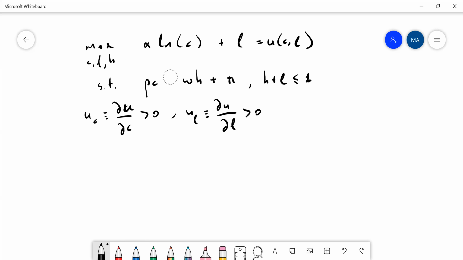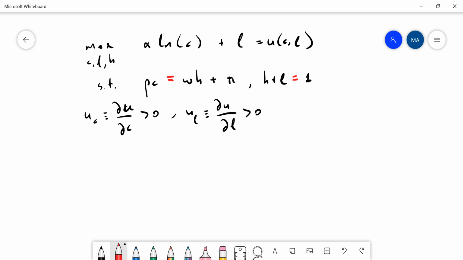Why? Because the consumer will use all the resources. You can do a mathematical proof of this, but I'm taking a shortcut here because it is rather obvious. There will be no waste of resources because those resources always increase utility.